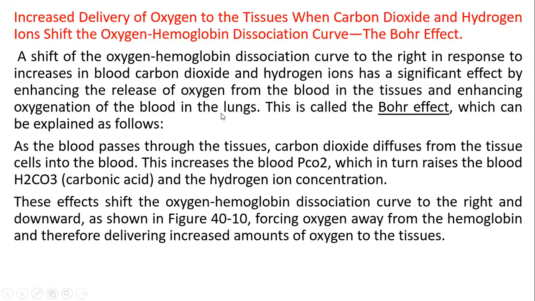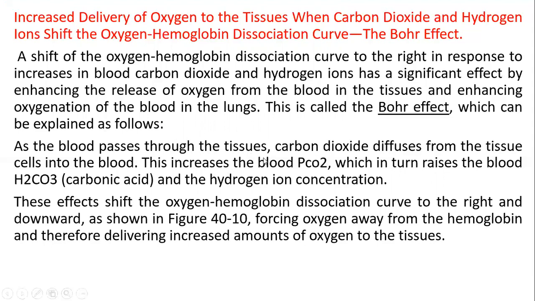The response to increased blood carbon dioxide and hydrogen ion has a significant effect by enhancing release of oxygen from the blood in the tissues and enhancing oxygenation of blood in the lungs. This is called Bohr effect which can explain as follows. يعني بالبريفري زيادة الهيدروجين وزيادة CO2 راح يقلل التماسك أو الأسوسيشن بين الهيموغلوبين بين الأكسجين ويزيد الريليز.